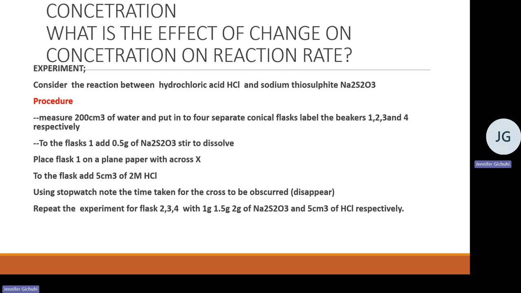We add the 5 cubic centimeters of 2 molar HCl, and then we start the stopwatch just to note the amount of time that is taken for the cloth to disappear. You take the shortest time possible to do that experiment so that we move to the next level.